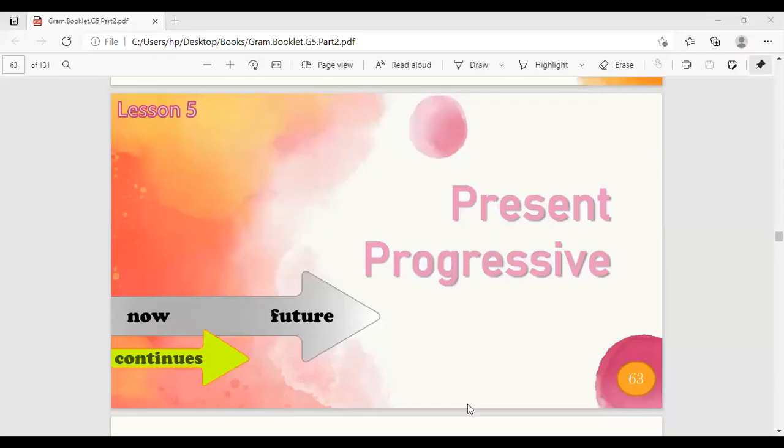Which day will they send us who won the reading competition? I'm waiting for the certificates to be ready, then I'll send them to you.